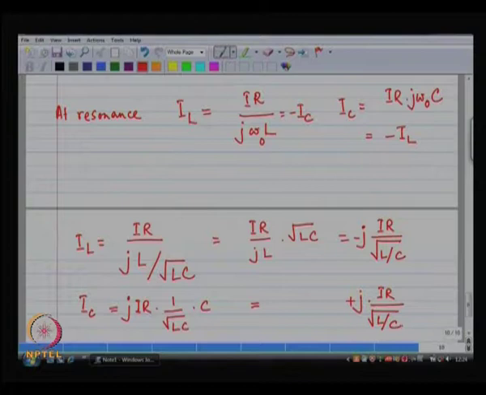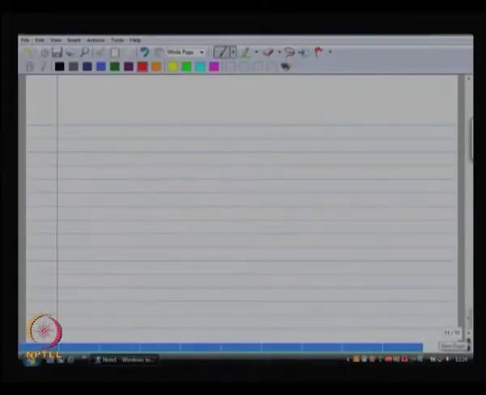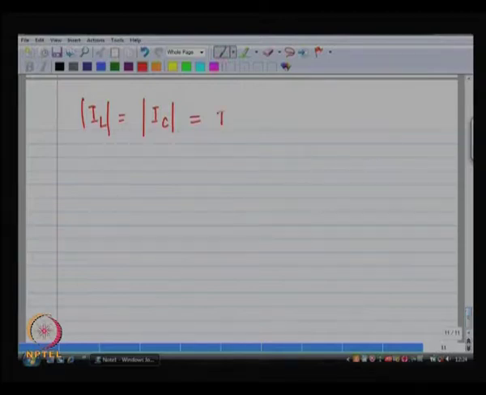Okay, wonderful. So, they match up. The current through the inductor is the negative of the current through the capacitor. Now, what you observe is a factor. So, the current through the inductor, let us look at the modulus of the current through the inductor, which is equal to the modulus of the current through the capacitor, and that is going to be I times R by square root of L by C.